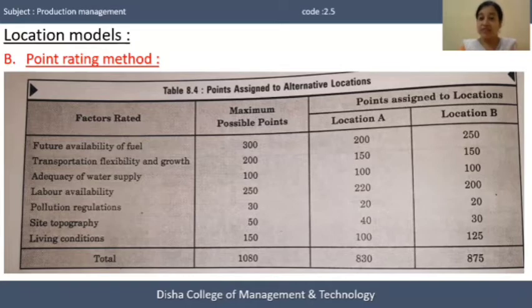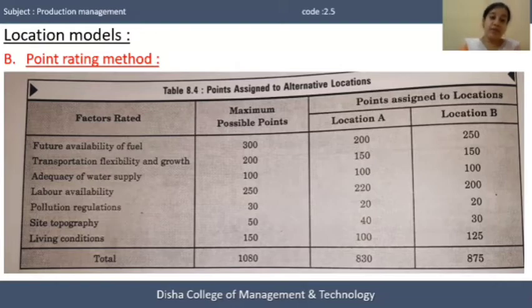After assigning various points to the locational factors, the industrialist has to calculate the sum of the total points for each location and compare them. After that, he is able to identify which location is suitable for him, meaning the location having the highest point is generally superior to other locations.